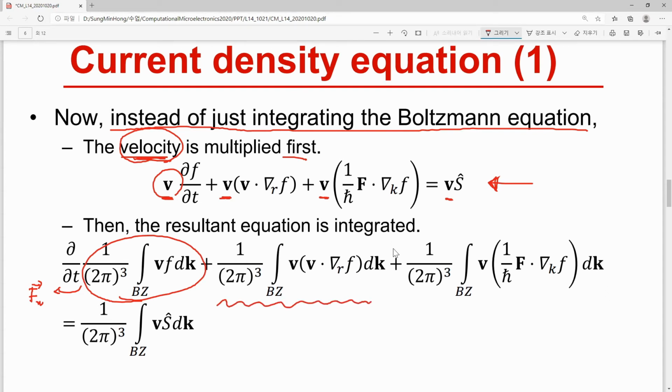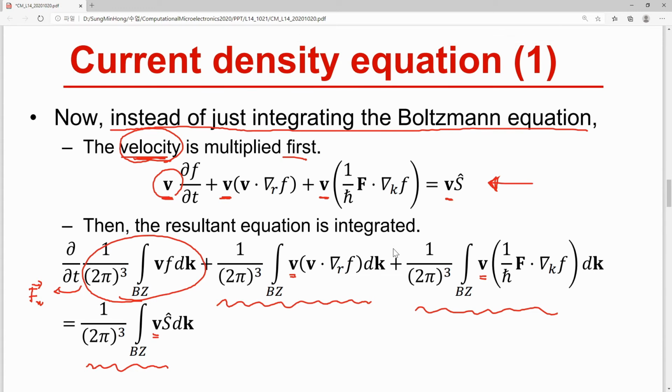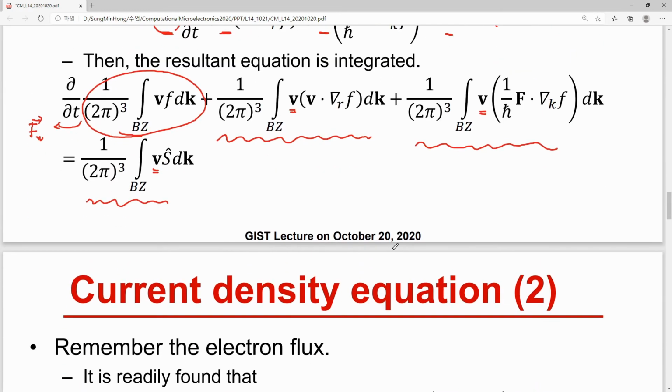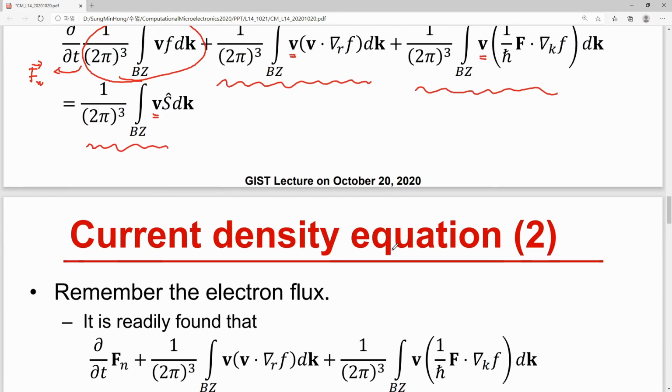Second term, third term, and fourth term. In this case, since we have an additional quantity in the integrand, it is not as simple as in the previous case. We have to spend more effort to calculate them. So let's go once again term by term.